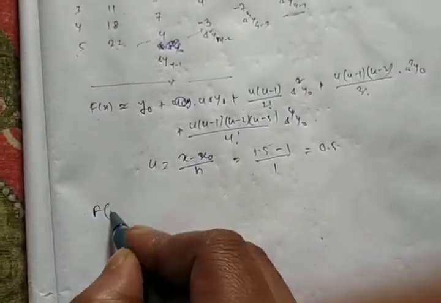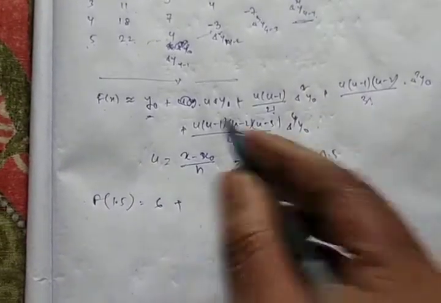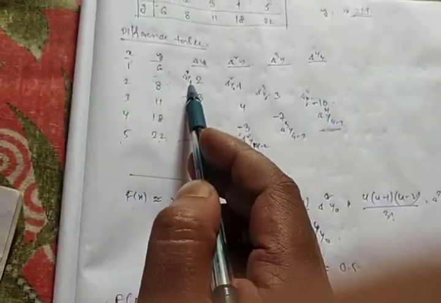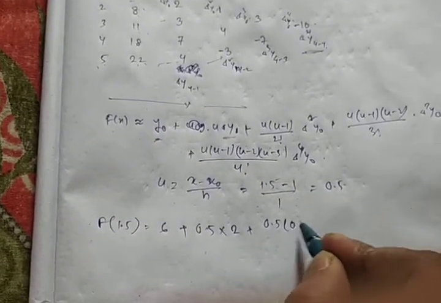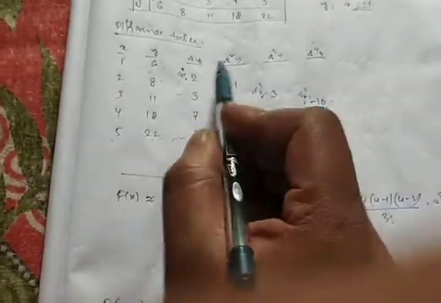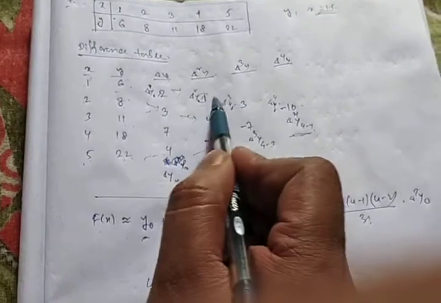So f of 1.5 equals, if we put in the values, y0 is the first value, which is 6, plus u equals 0.5 into delta y0. Delta y0 is 2, plus 0.5 into 0.5 minus 1 divided by 2 factorial, which means 2, into delta square y0. Delta square y0 is 1.